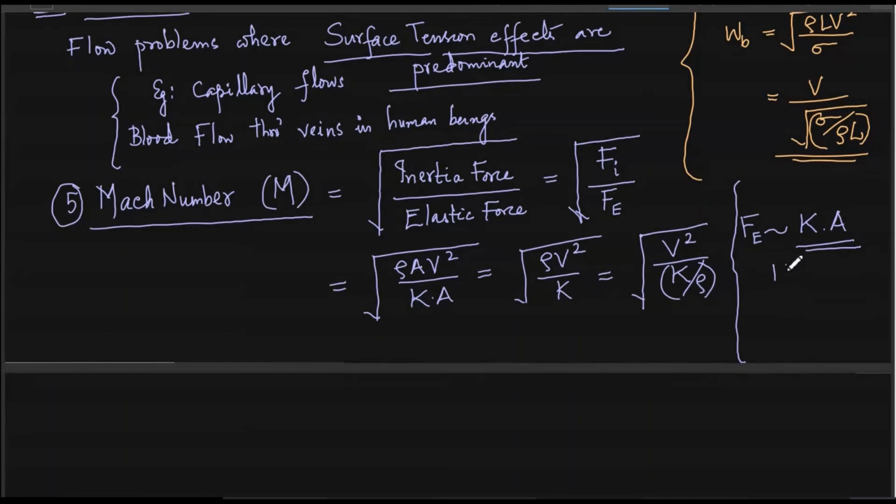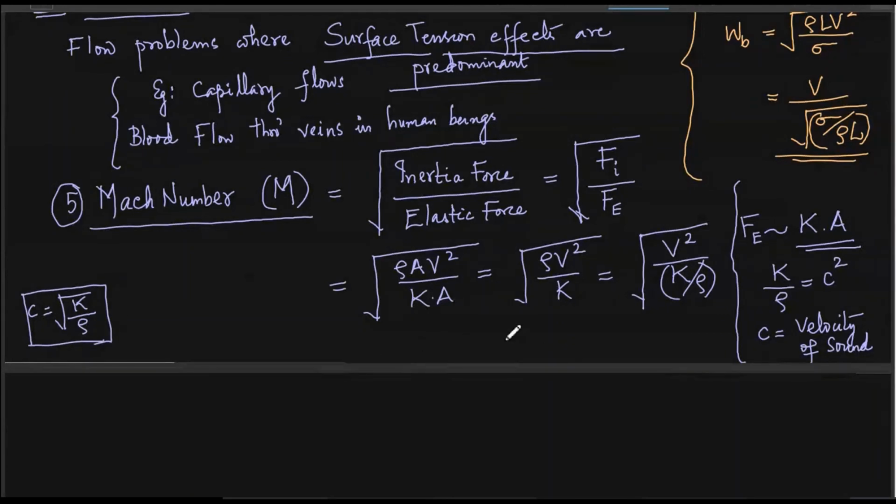It is actually the square of the velocity of sound, C square, where C is velocity of sound in the fluid medium. So C is equal to root of K by rho, bulk modulus divided by the density of the fluid.